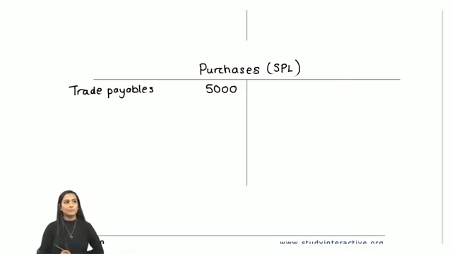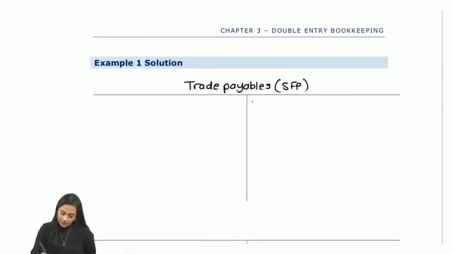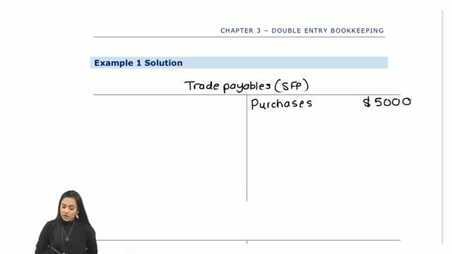Okay. And on the credit side of trade payables, I have purchases, 5,000. So we need to ensure that we have everything all going to the right place and on the right side of the T accounts. If you have not put it on the right side, then your balance sheet won't balance.